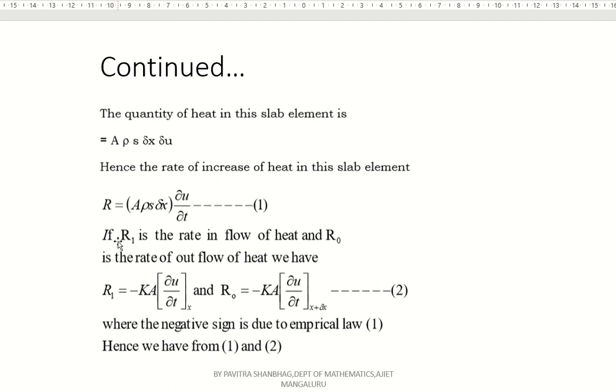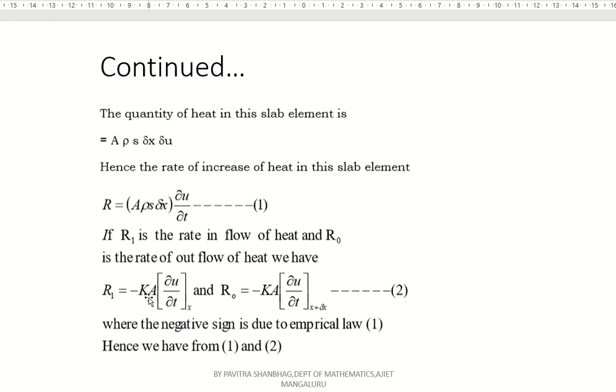Now what are R1 and R0? That is the inflow and outflow of heat. R1 represents inflow, R0 represents outflow of the heat. What is the inflow of heat? That starts from the origin: minus KA ∂u/∂x. This negative sign indicates what? Because of the empirical law, heat flows from higher temperature to lower temperature.